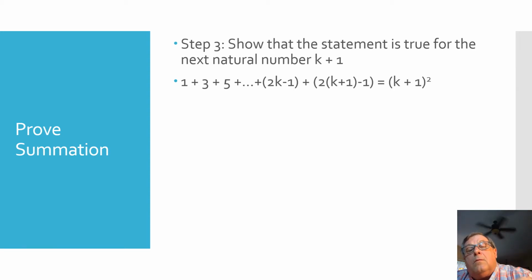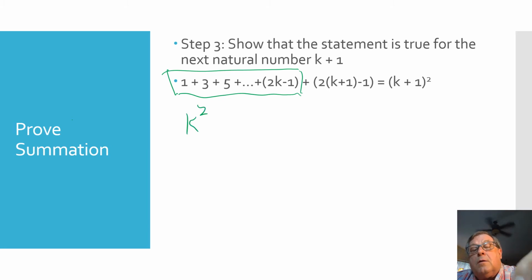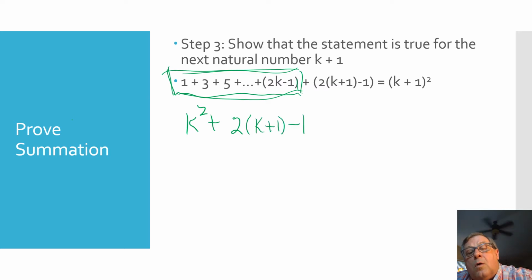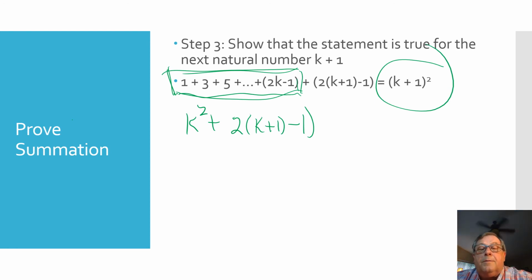Now, we had already determined in our induction hypothesis that this portion right here was equal to k squared. And so what we're trying to prove then is that this right here, which is k squared plus 2 times k plus 1 minus 1, is that going to equal k plus 1 squared.